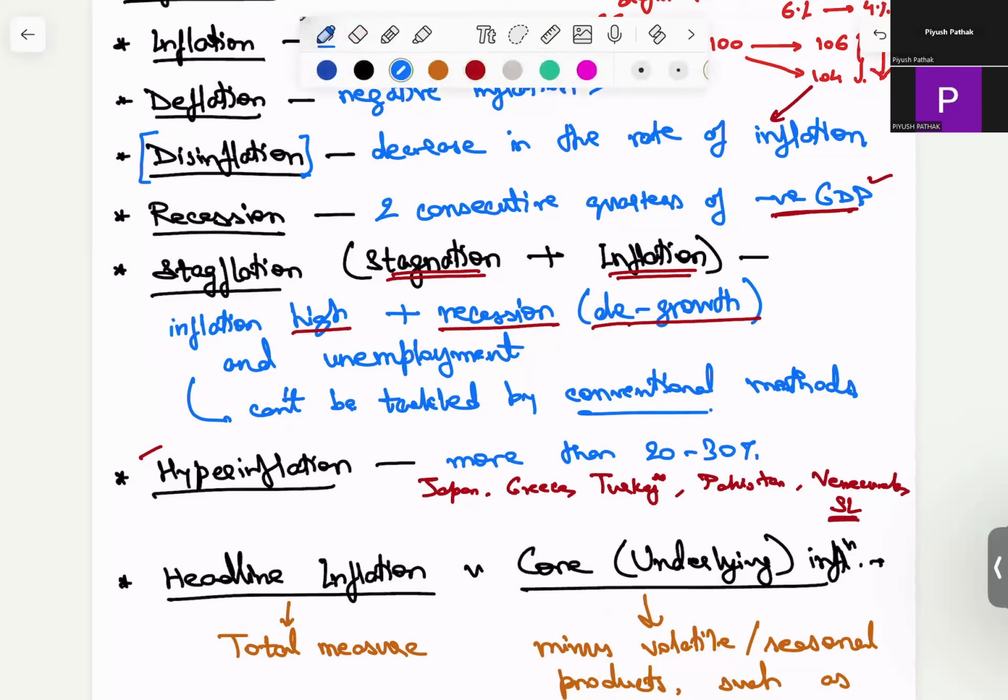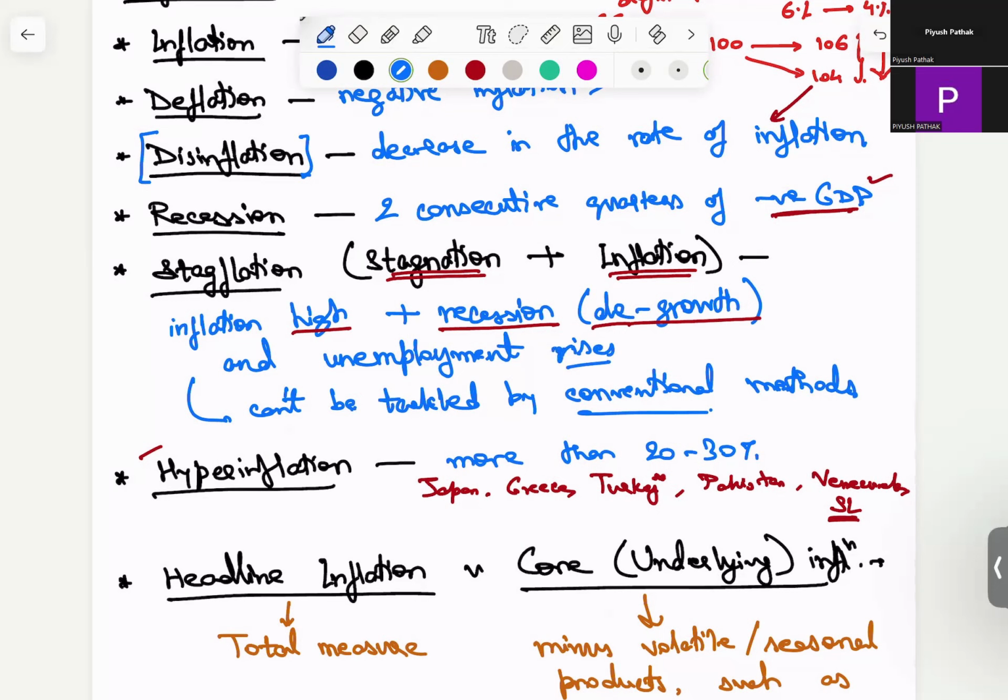And when this happens, it becomes a vicious cycle, which is really difficult to come out of, because inflation is also high, recession is also high, and unemployment also increases. This is in contrast to the Phillips curve, which is the usual rule which says that with inflation, unemployment will also come down.